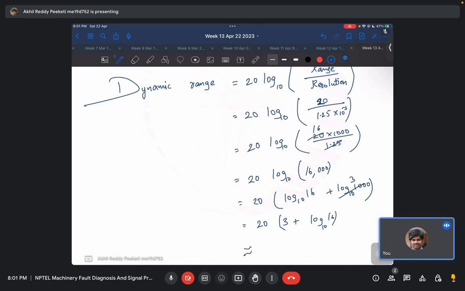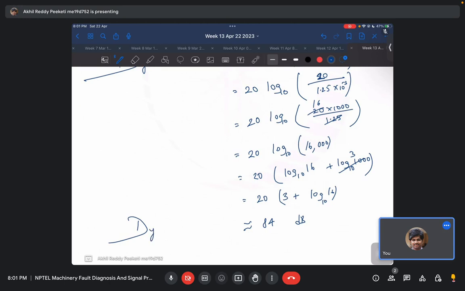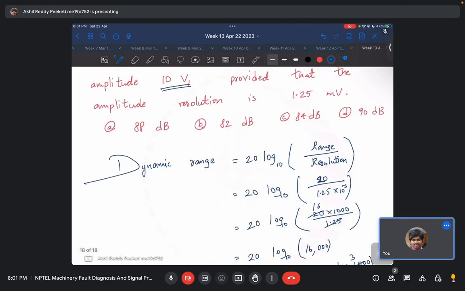So this would be almost 84 decibels. So this is the dynamic range. Okay, the answer is 84 decibels.